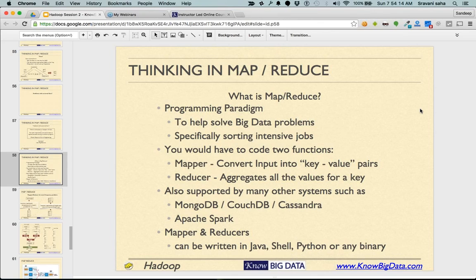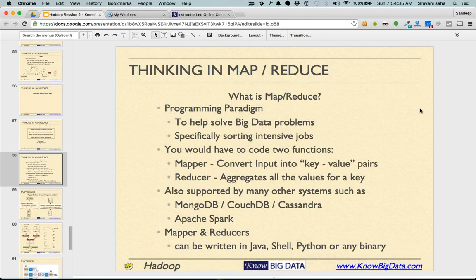The sole objective of MapReduce is to sort the data, order the data, and on what basis? That basis on which the ordering of the data happens is defined by your map function.